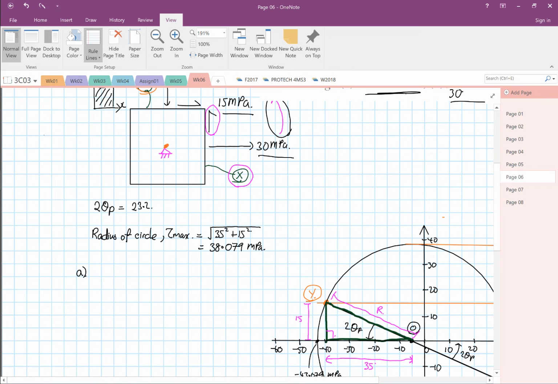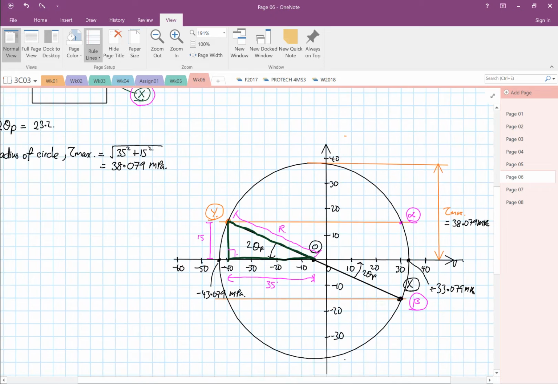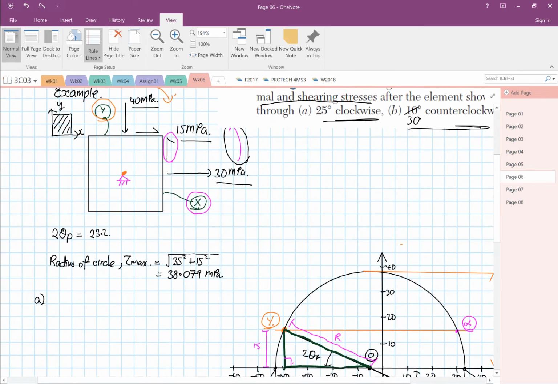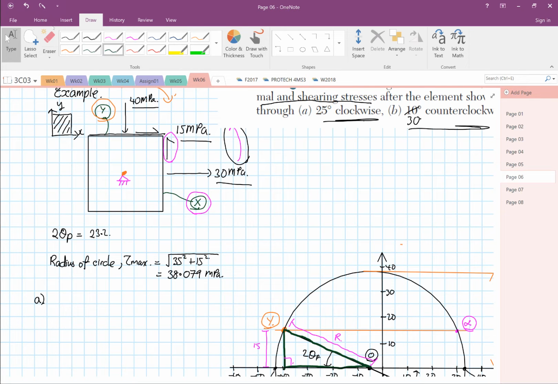This is the Mohr circle that we're going to work on, which we have done in the previous example. Now it's going to rotate clockwise by 25 degrees. So if you rotate from the Y down here, rotate clockwise 25 degrees, you can rotate it this way.